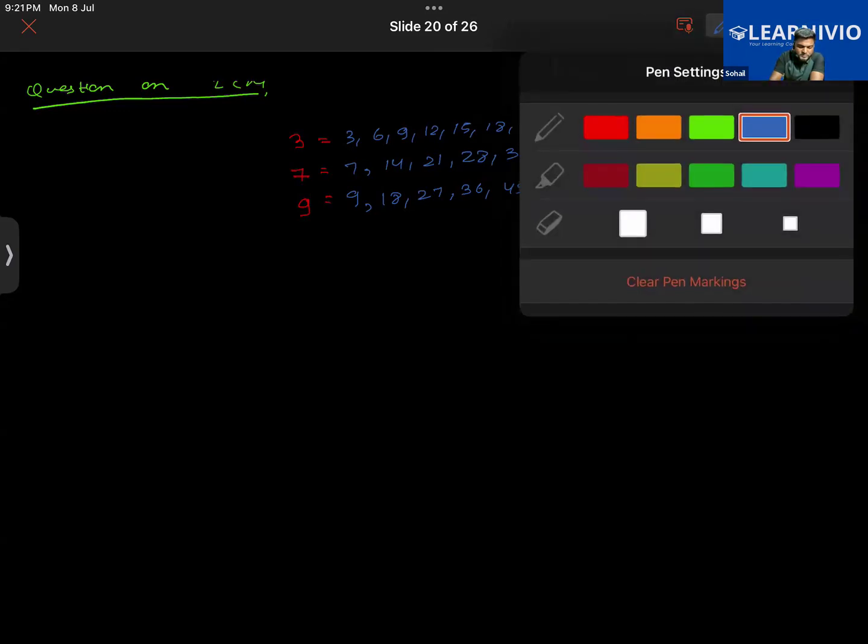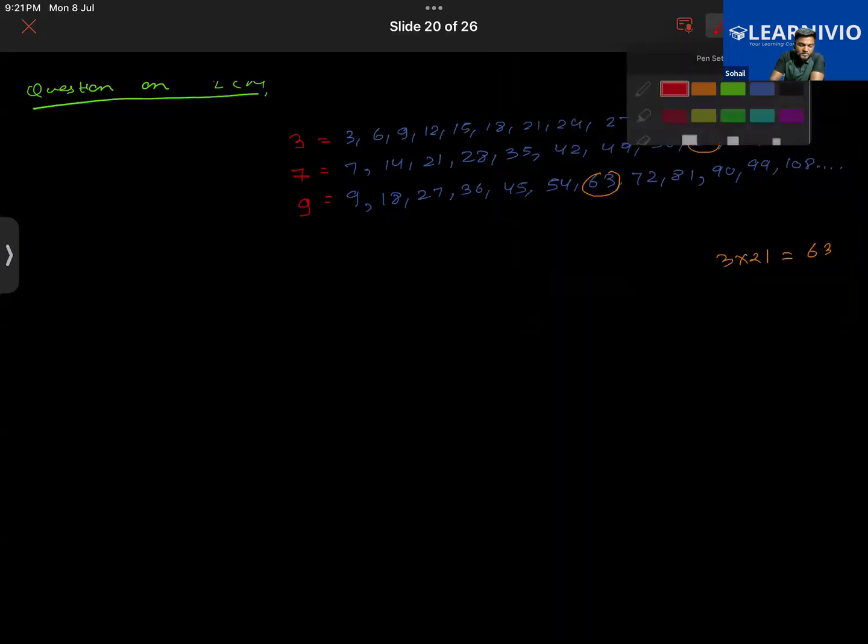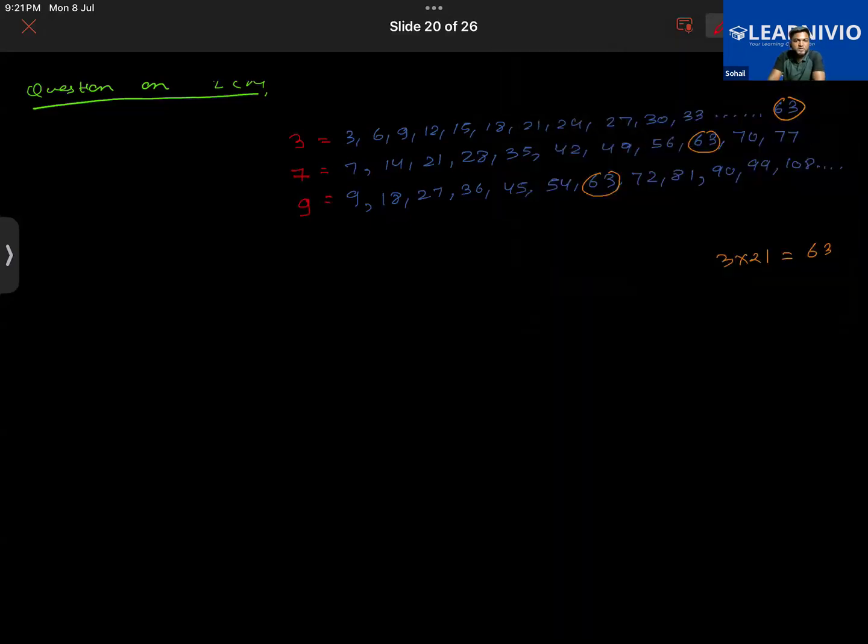So 63 is a common multiple of 9 and 7. And we know that 63 comes in the table of 3 also. 3 times 21 is 63. Since there is not sufficient space, we are writing 63 directly here. So 63 is the least common multiple of these three given numbers. Hope that is clear to both of you.